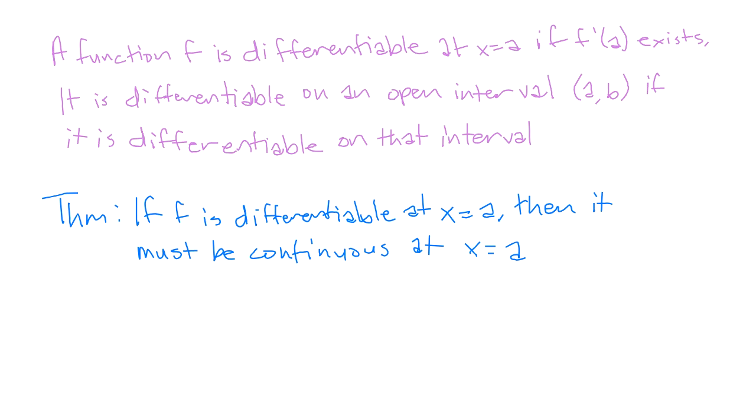So for example, if we have a jump discontinuity, let's say we have a graph like this, we can't really take the derivative of that because first of all, the limit does not exist on both sides, therefore there's not going to be a limit at this particular point.